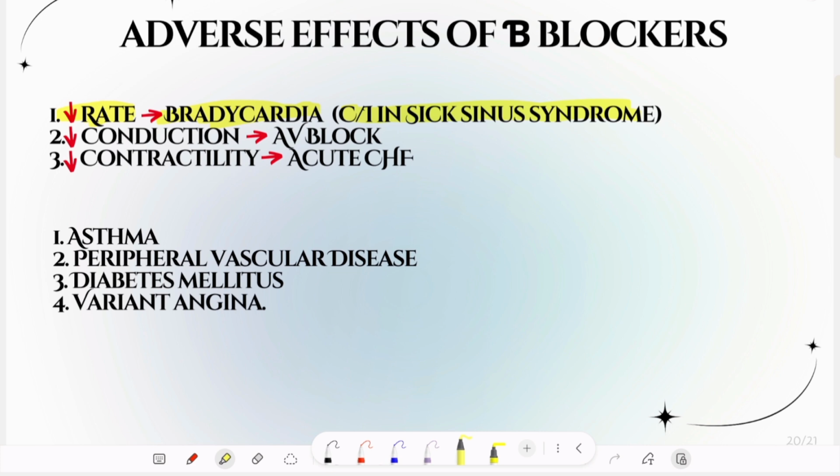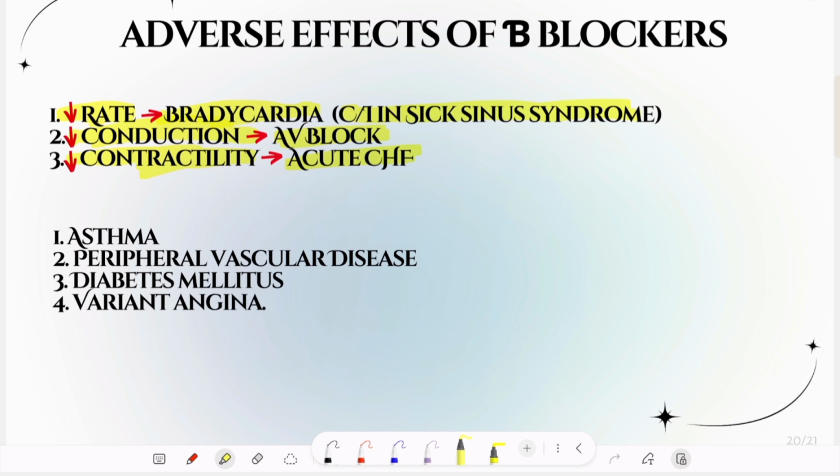The beta blockers also reduce the conduction of heart, so they cannot be used in AV block. It reduces the contractility of heart and we cannot use it in acute congestive heart failure, because in acute congestive heart failure the blood supply to the whole body is already reduced, and if we reduce the contractility, that will endanger the life of the patient by producing shock.